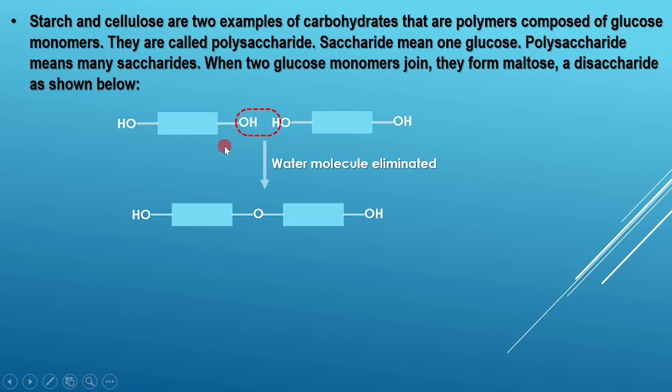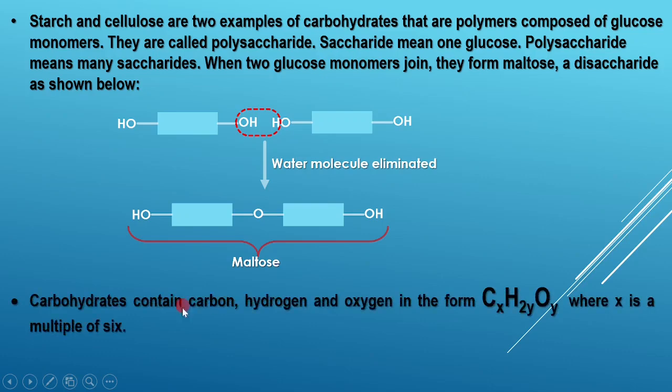So here there will remain nothing. Here there will be this. Then it will join like that. So now the joining of two glucose monomers forms maltose, a disaccharide as shown below. When these two join, they form this whole thing. It is called a maltose and it is a disaccharide, meaning it consists of two saccharides or glucose.